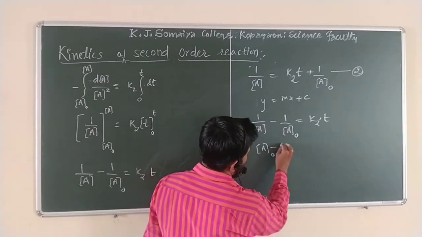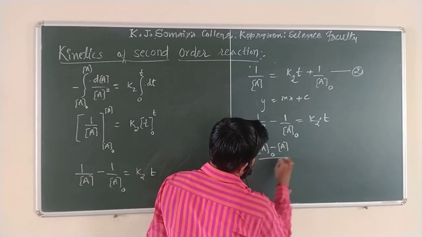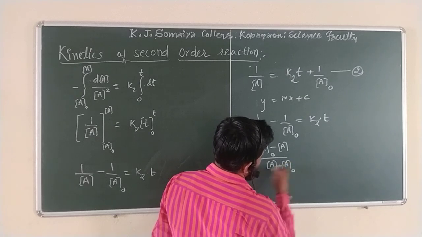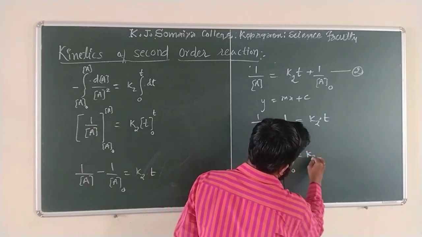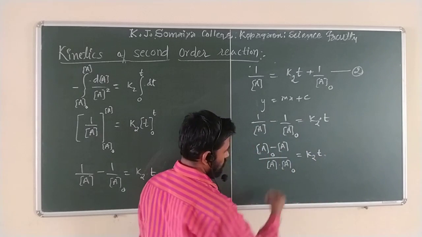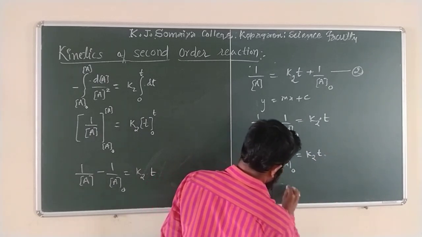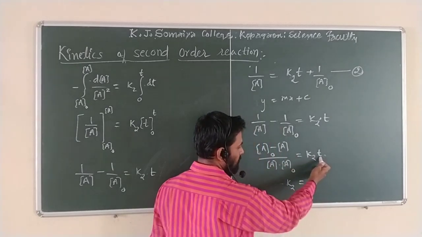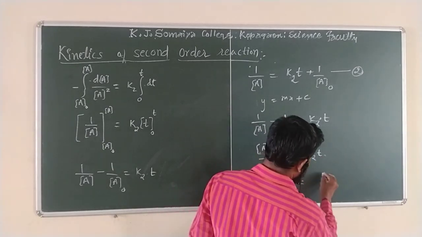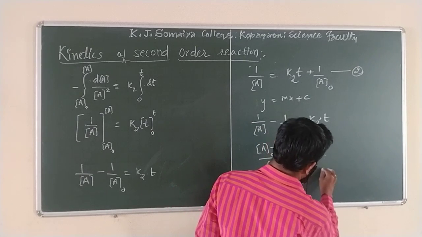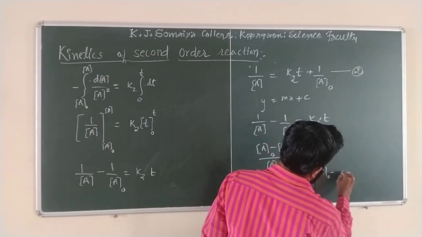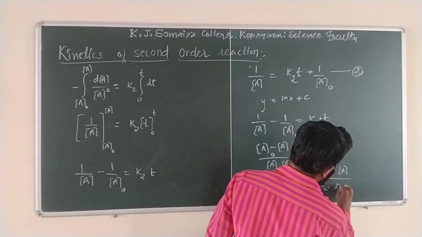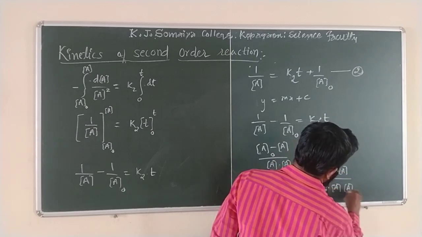Simple LCM: a0 minus a, over the concentration of a into the concentration of a0, is equal to k2 t. So here k2 can be written as, since this is multiplication, it goes to the divide side, a0 minus a upon t into a0.